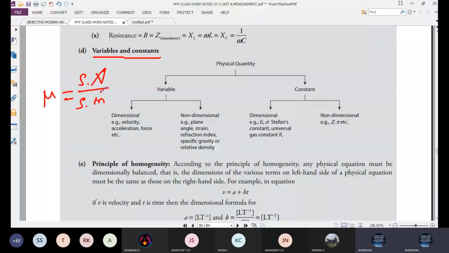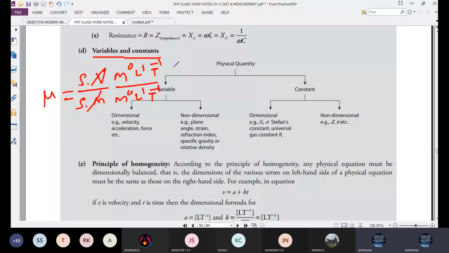In case you write speed of light in vacuum, speed formula is distance by time: M power 0, L power 1, T power minus 1, divided by speed of light in medium, M power 0, L power 1, T power minus 1. So finally, you will get M power 0, L power 0, T power 0.